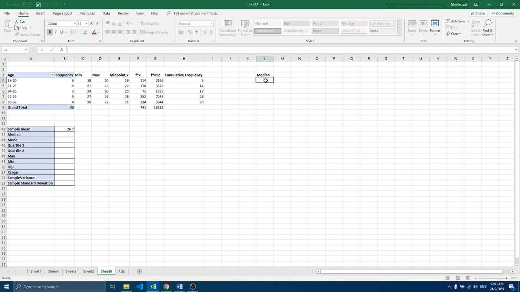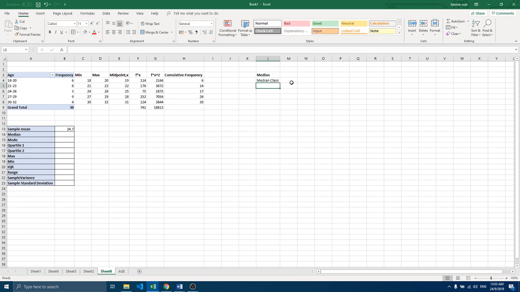Put here find median class. So median class is equal to total frequency, which is 30. If you have 50 total frequency, then just use 50. But now I have 30 data, then divided by 2, because it's the median, the middle number.